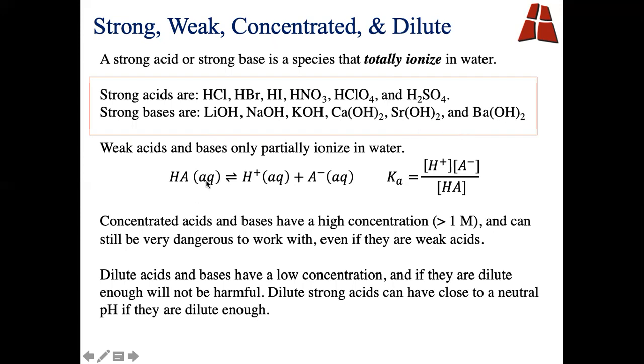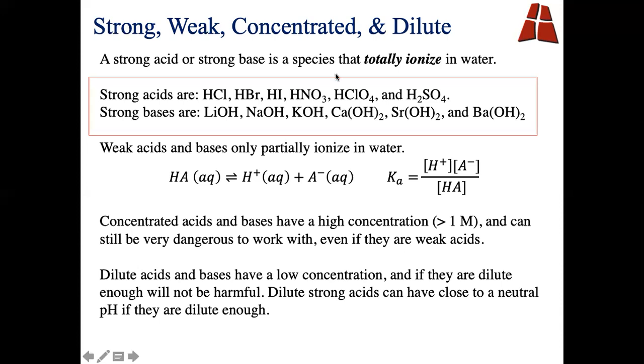Okay, and so if something is a strong acid or strong base, it will fully dissociate. That would mean that for our strong acids, the conjugate bases, so for example, chloride or iodide or nitrate or perchlorate, do not react with water.